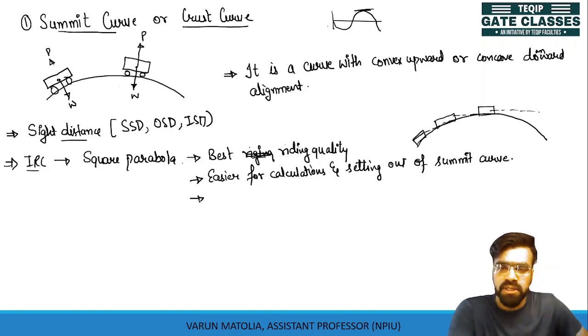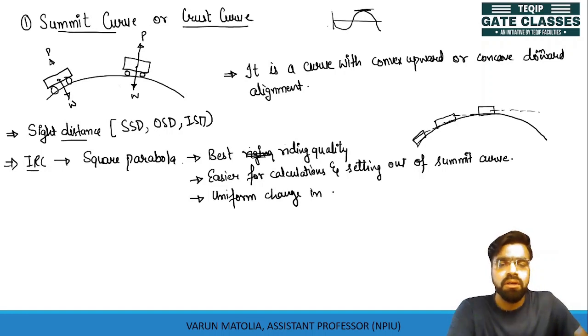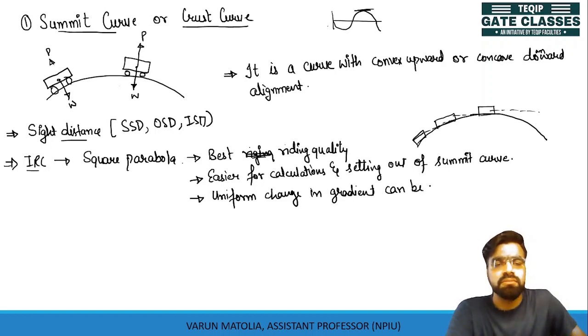And the most important, there is uniform change in gradient that can be provided with a square parabola.